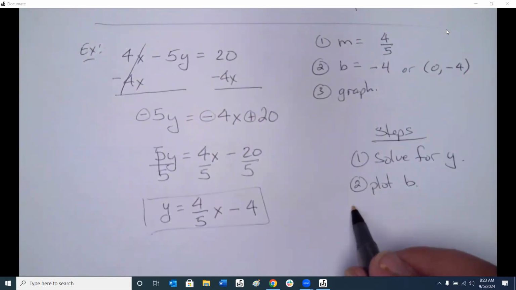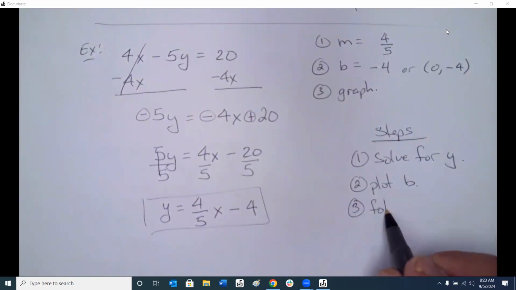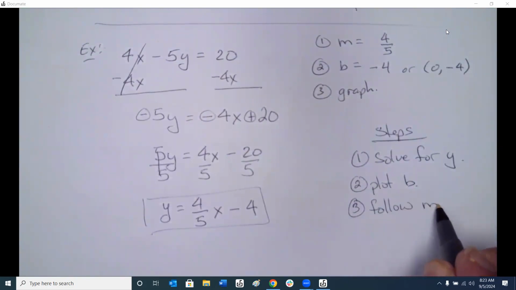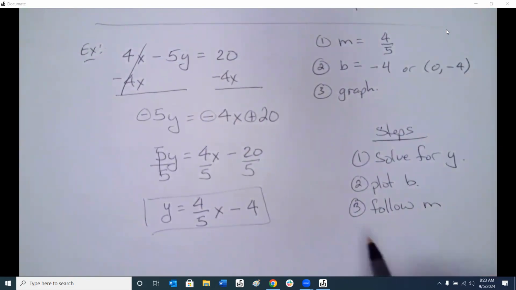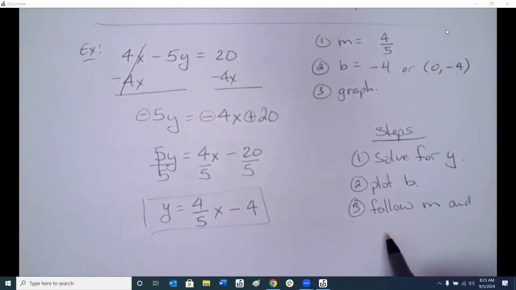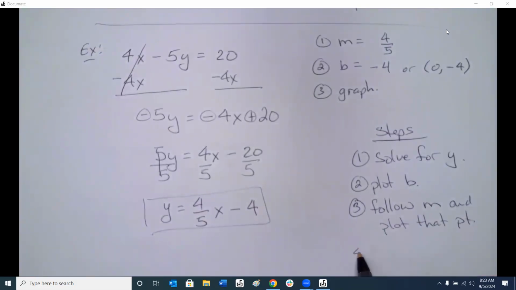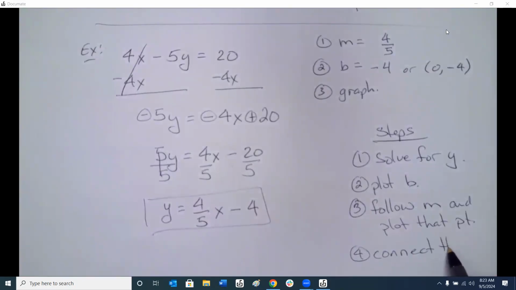So plot b. Follow m. And plot that point. And then connect the dots.